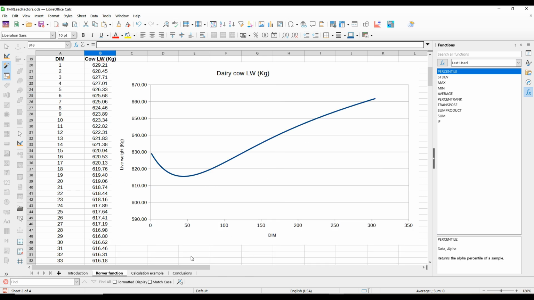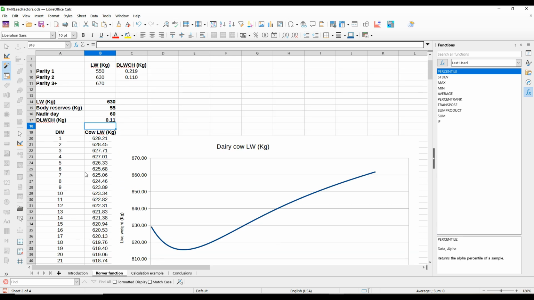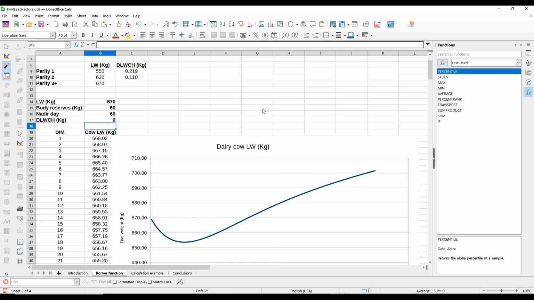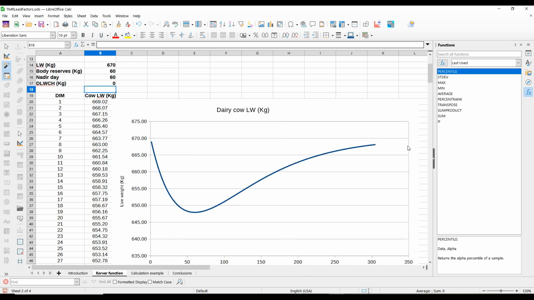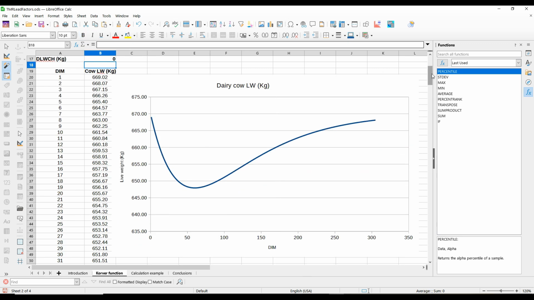This is the curve for the second lactation cows, and let's do the same for the third lactation cows. Let's do 60 here, 60, 60 and 0. That's the curve for the third parity cows, the third lactation cows, and greater lactations. Okay, that's the cover function.